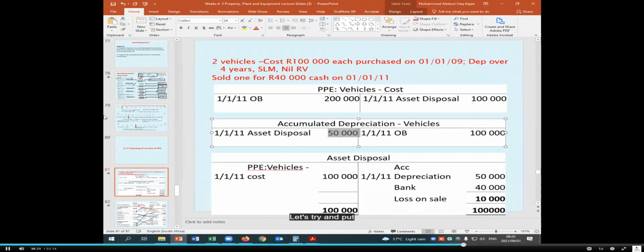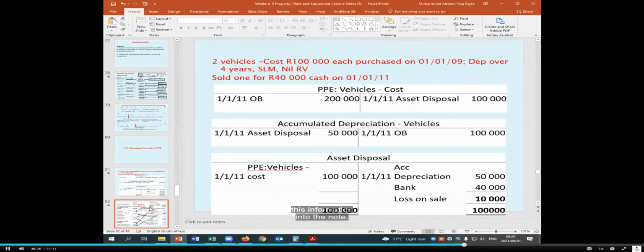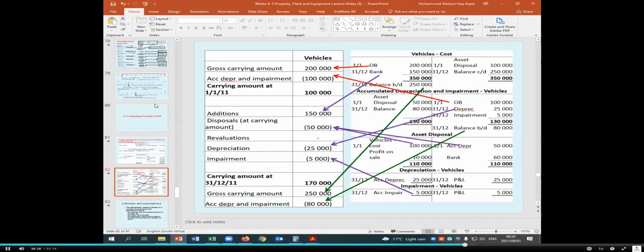Okay, let's try and put this information into the note. Now, in these T accounts, there were a few extra things that happened.